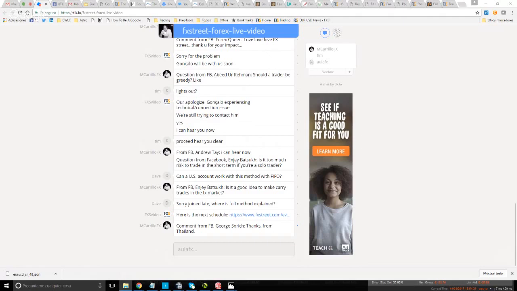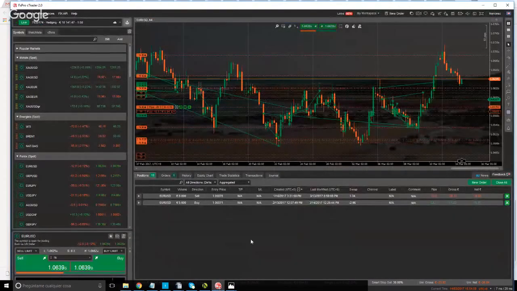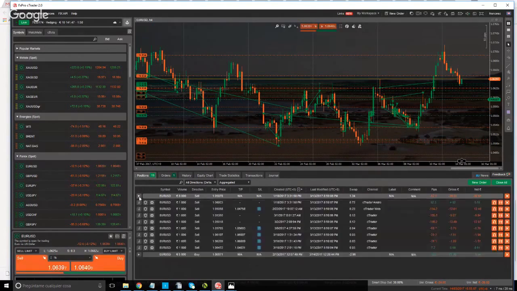Because there are risks, and these risks can be mitigated by closely following the exposure. Yeah, the exposure for each side. We have right now an exposure of 8,000 euro on the sell side, in respect to 5,000 euro on the buy side. So we are more exposed on the sell side.